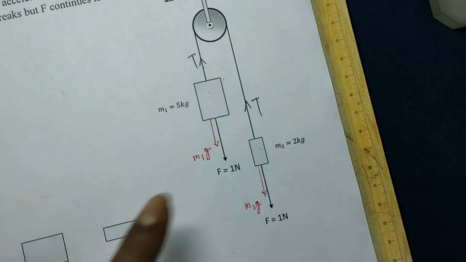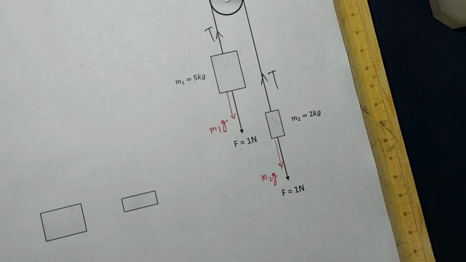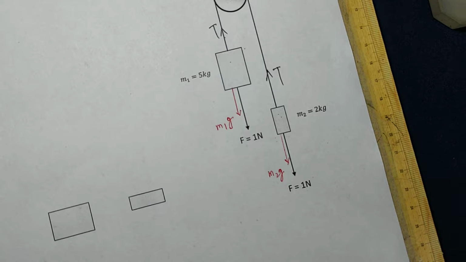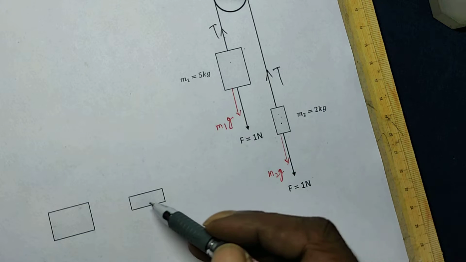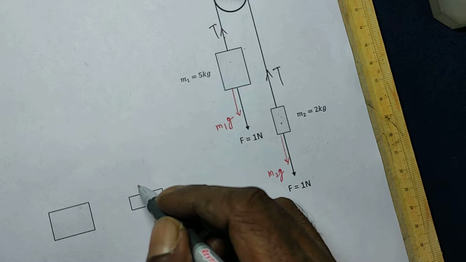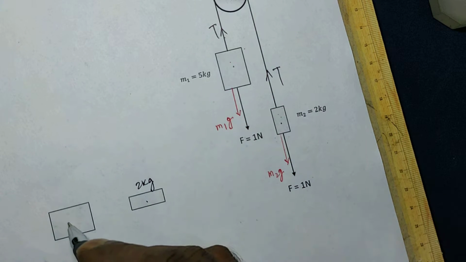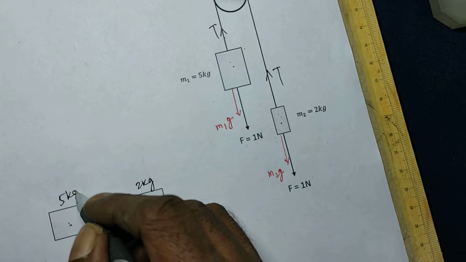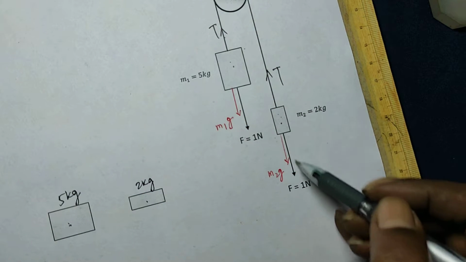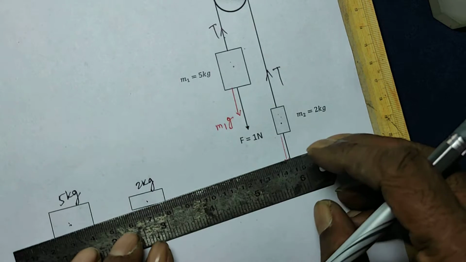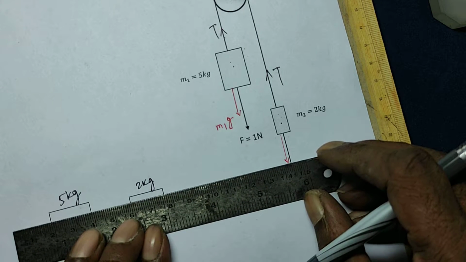Now, if you redraw the diagram like this, to quickly answer the expression for acceleration, this is your M2, same thing as this, that is 2 kg. This is your M1 that is equal to 5 kg. Now, these two forces I represent here.